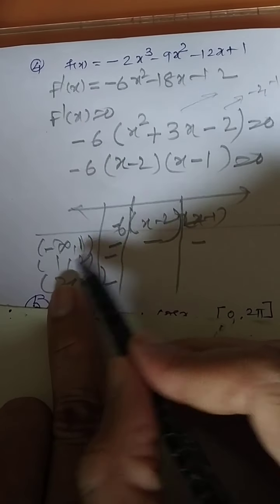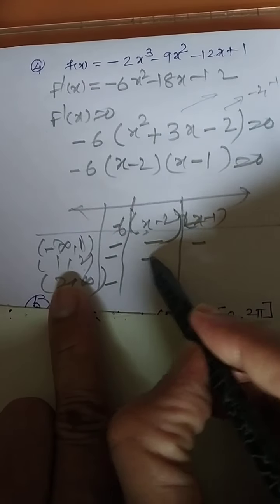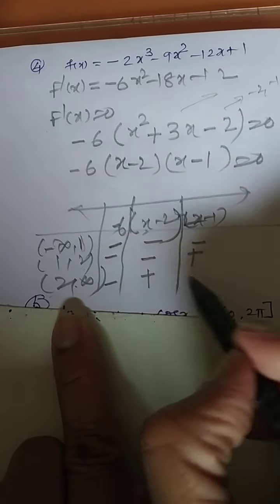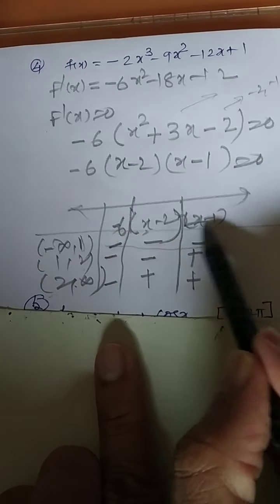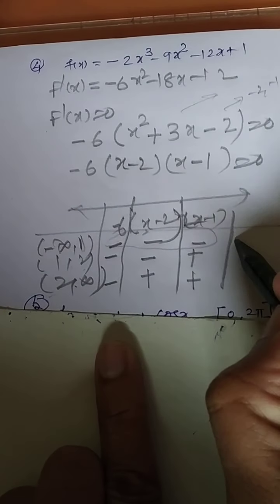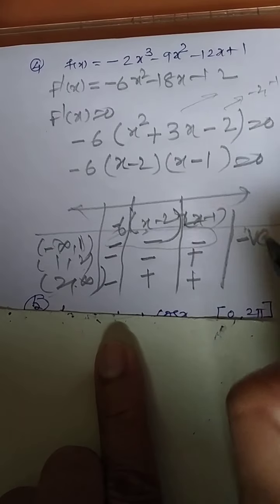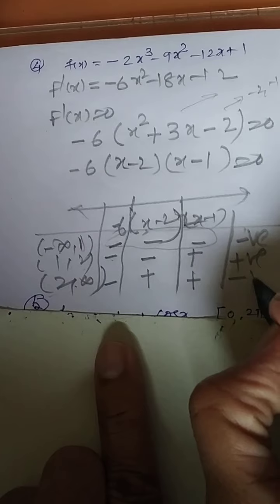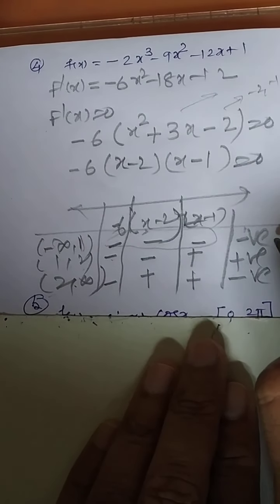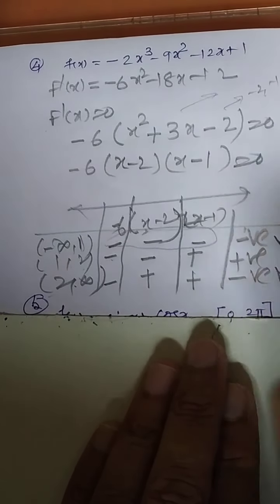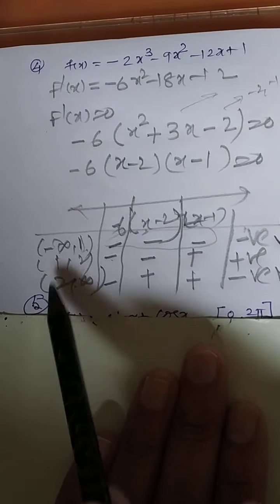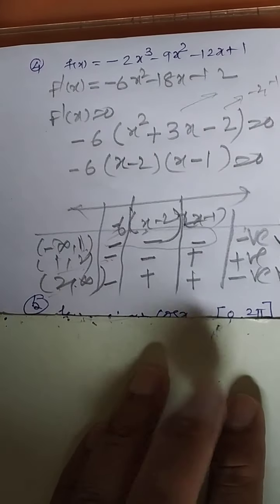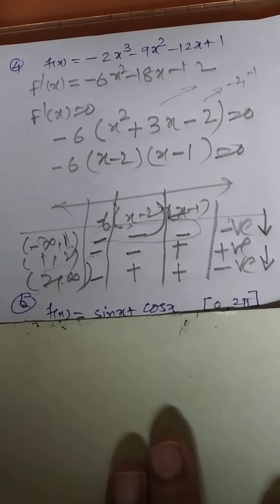For 1 to 2, I am putting 1.5: negative, but this is positive. For 2 to infinity, I am putting 3: this will be positive, this will also be positive. So combining all 3, you get negative, then over here negative times positive gives positive, and this is again negative. So what to conclude? The function is decreasing in the interval minus infinity to 1 union 2 to infinity, and increasing in the interval 1 to 2.